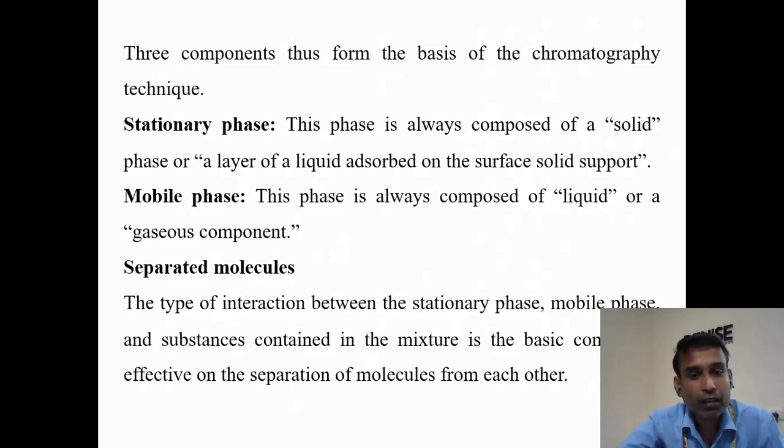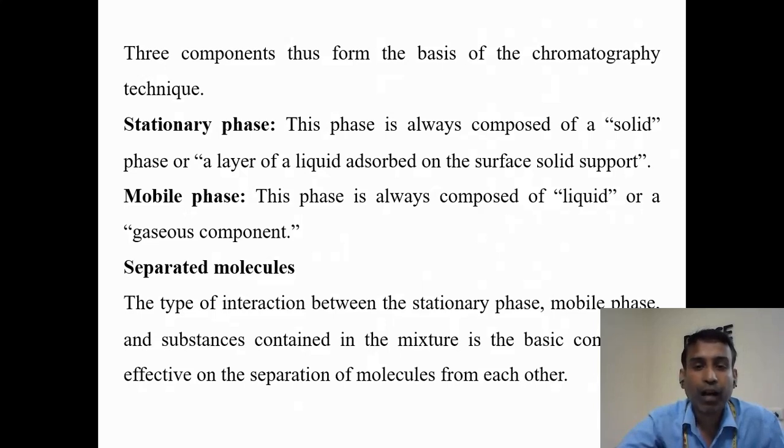The type of interaction between the stationary phase, the mobile phase, and a substance contained in the mixture is a basic component effective on the separation of molecules from each other. So here these three components are very important, and we have to choose them very carefully, whether we need a solid support medium or a liquid adsorbed on a solid support medium as the stationary phase, and for the mobile phase whether to go for a liquid phase or a gaseous phase.